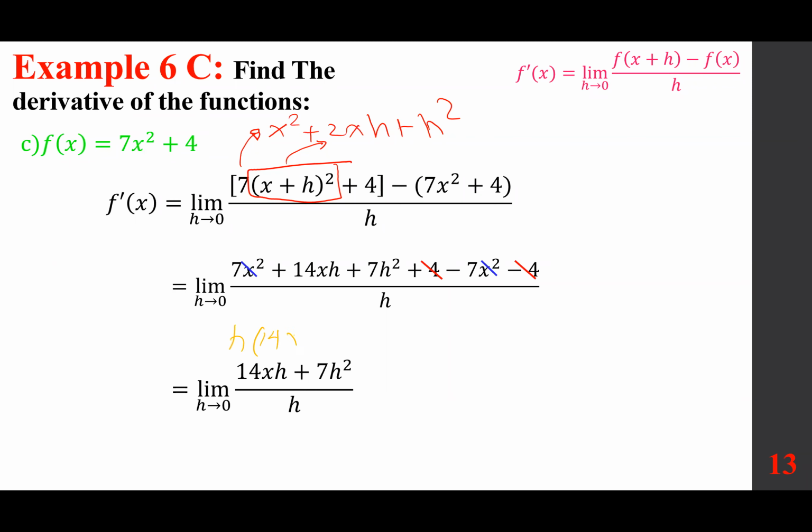So I get 14x plus 7h. So I can drop that. Okay. And now if I replace the h with 0, I have the final answer, which is 14x. And this is it, class.